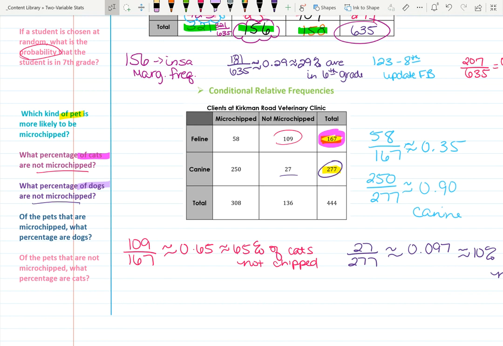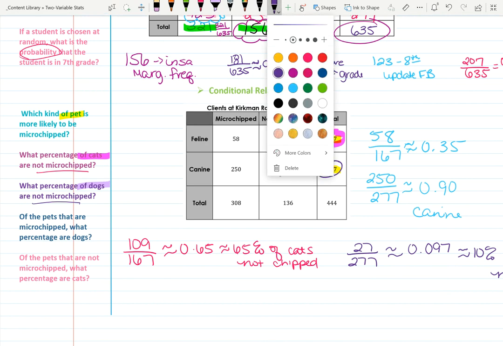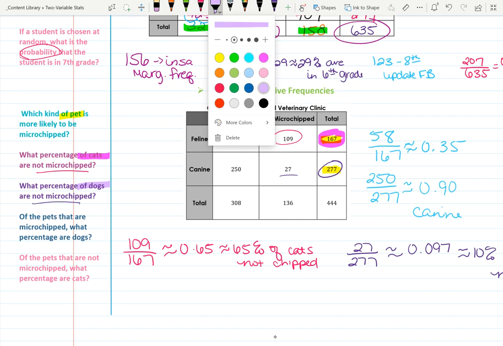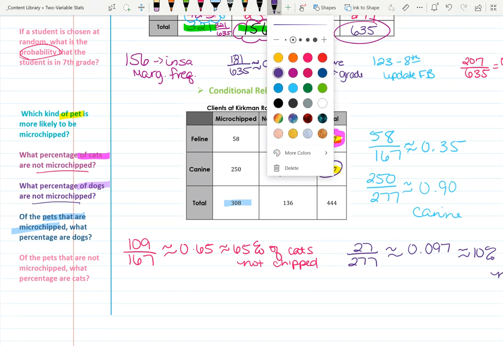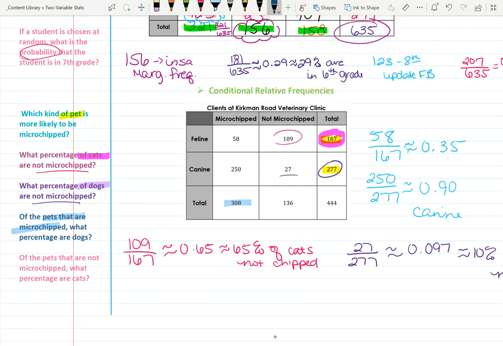Okay, so of the pets that are microchipped, so now we're looking at a different category this time. So how many are microchipped? So of the 308 that are microchipped, what percentage are dogs? So of the 308 that are microchipped, 250 are dogs.